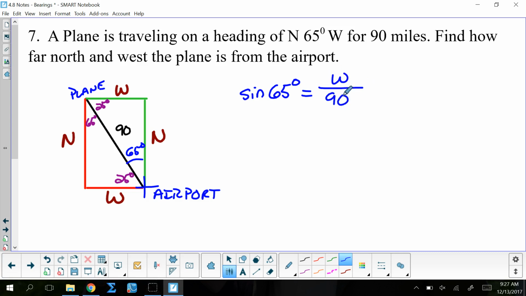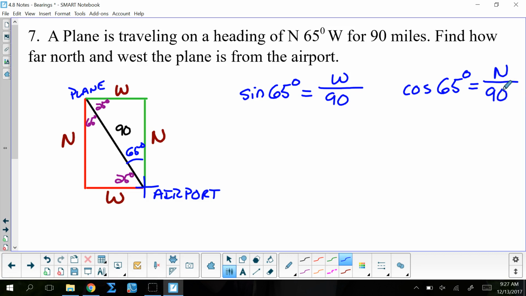I could have also gone with the cosine of 25 degrees is west over 90. I could also go with the cosine of 65 degrees is my north component over 90.